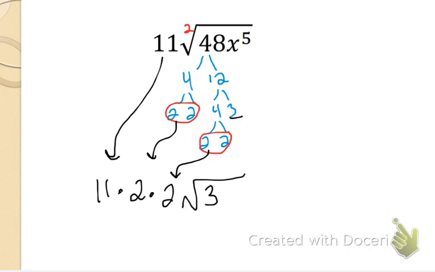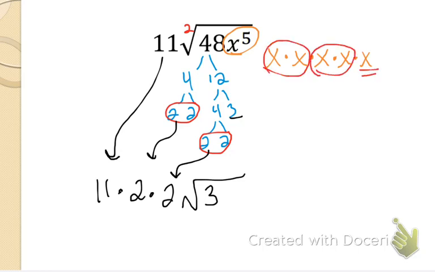And then of course we have our variables. So I'm going to expand and group in pairs. As you can see, we have an x that did not get paired, so that goes inside the radical. We had 2 pairs of x's that got paired, so x squared. So somewhere out here, x squared.